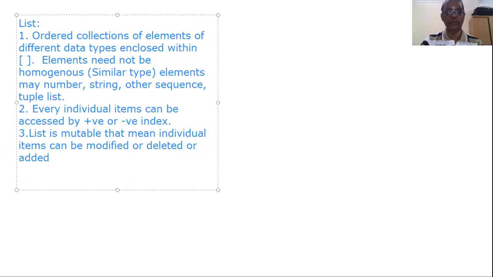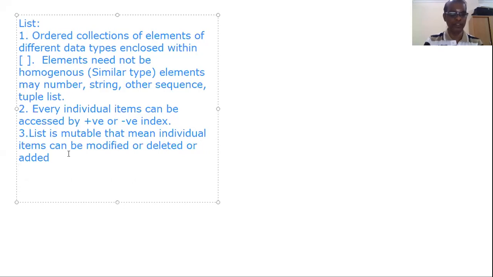If you want to add one more element, it is possible since it is mutable. Whereas string is immutable. You cannot modify, change, or delete individual characters. Whereas in list it is possible since it is mutable.